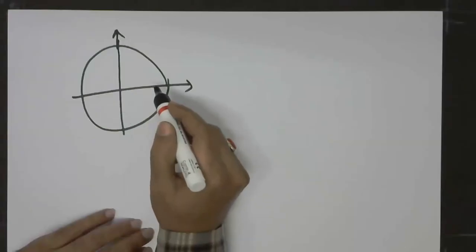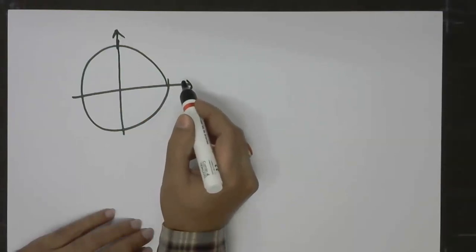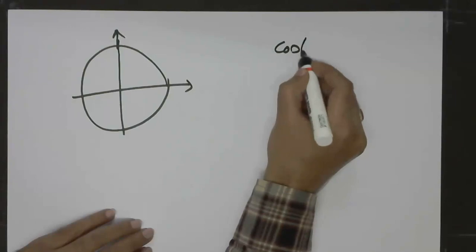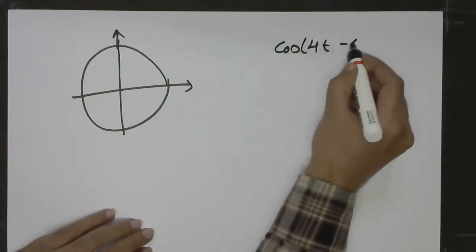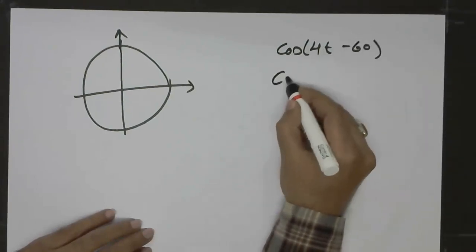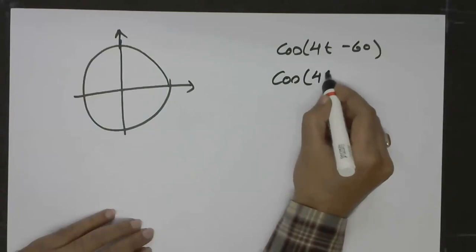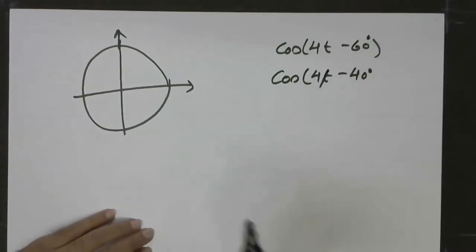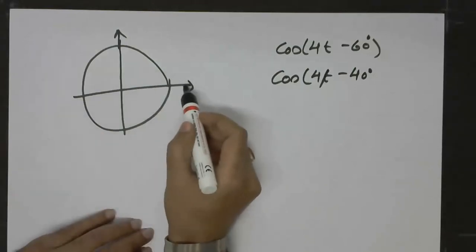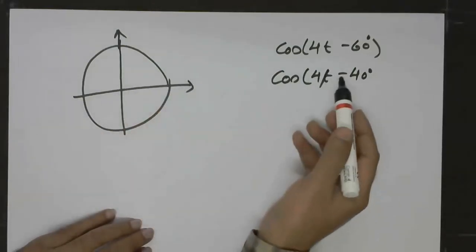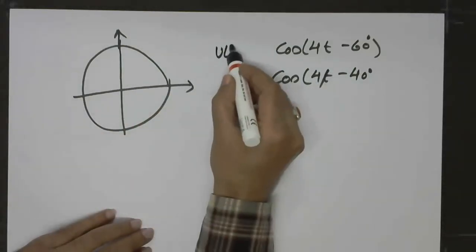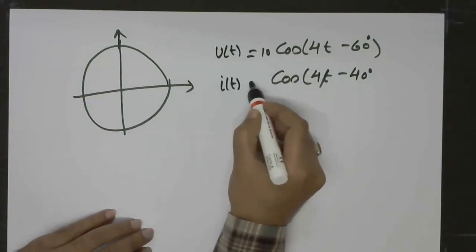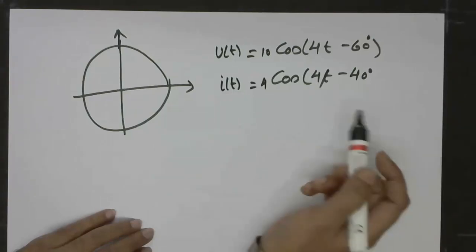In this case, angular velocity is going to be 4, because we have cos 4t minus 60, and the second function is cos 4t minus 40 degrees. In this case, this was Vt with amplitude 10, and this was It with amplitude 4.